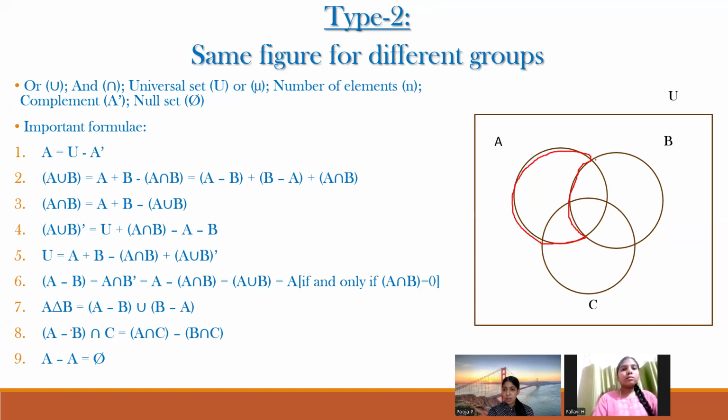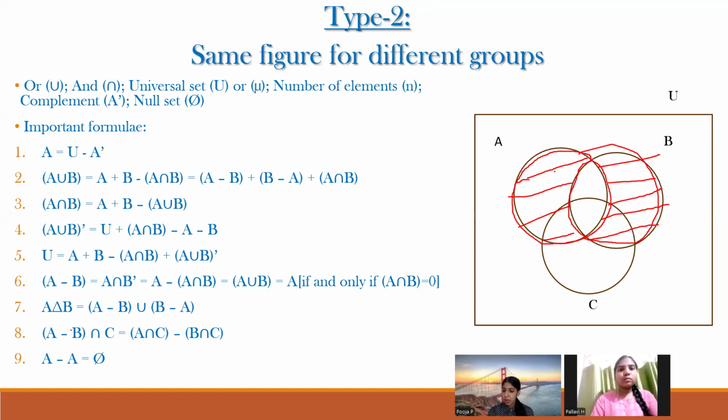This region is A difference B and this region is B difference A. Both these shaded regions together give you the symmetric difference. Basically, you ignore the intersection, which is A intersection B.